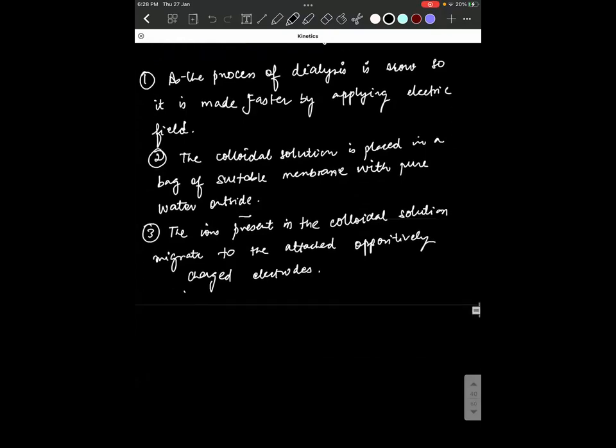And the process is known as electrodialysis.